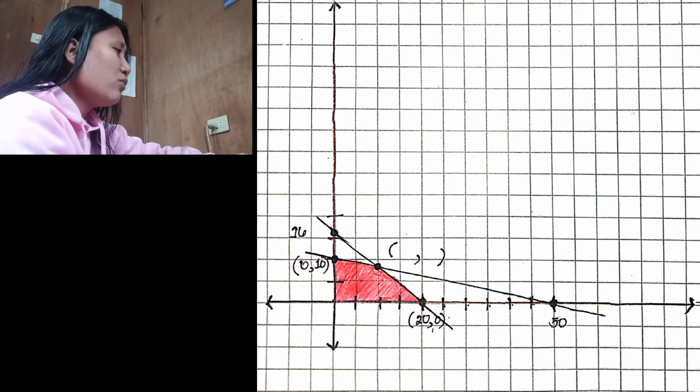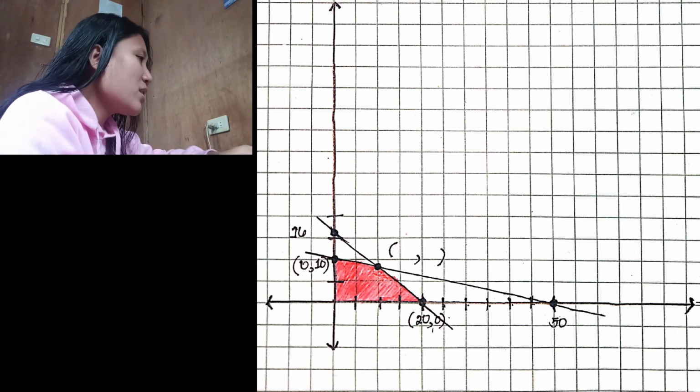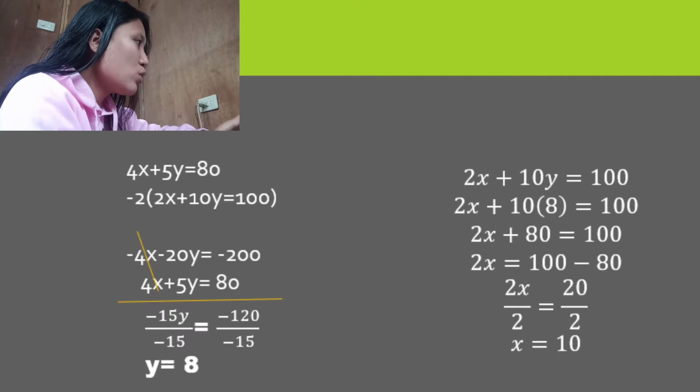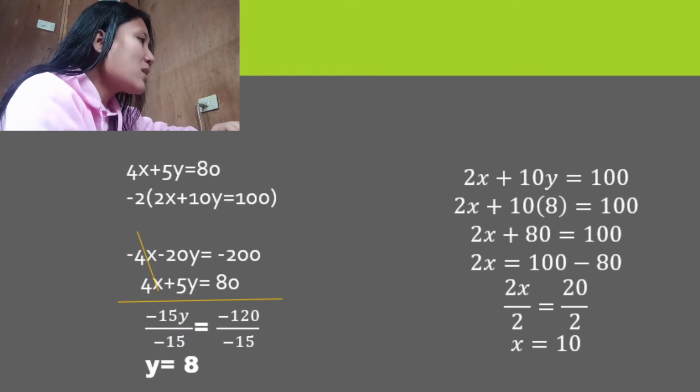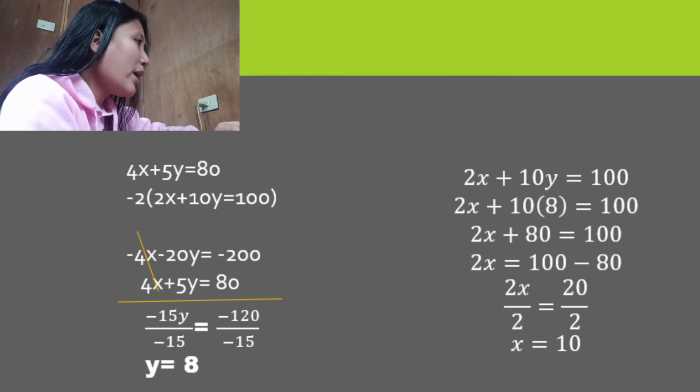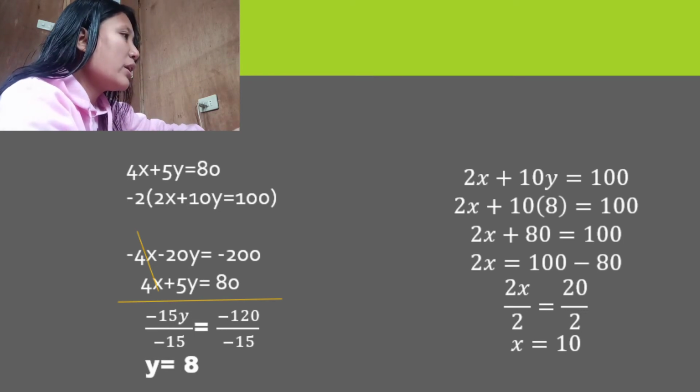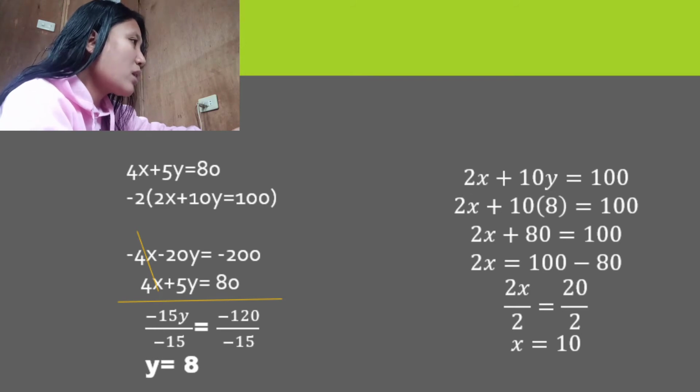To find the value of the intersection point, we have to solve this. 4x plus 5y is equal to 80, and the second equation is 2x plus 10y is equal to 100. To find the value of y, we need to multiply the second equation by negative 2. So we have negative 2 times 2x plus 10y is equal to 100. The result is negative 4x minus 20y is equal to negative 200.